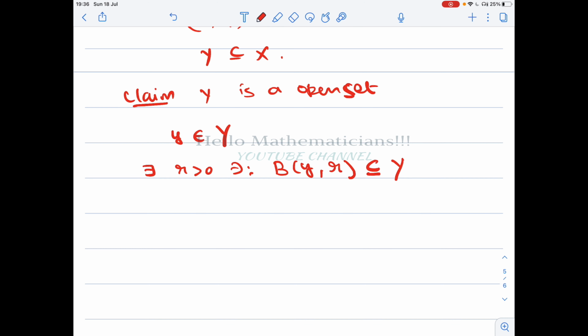So you define r to be 1/2 times the minimum of the distance between y and x_i, such that 1 ≤ i ≤ n.